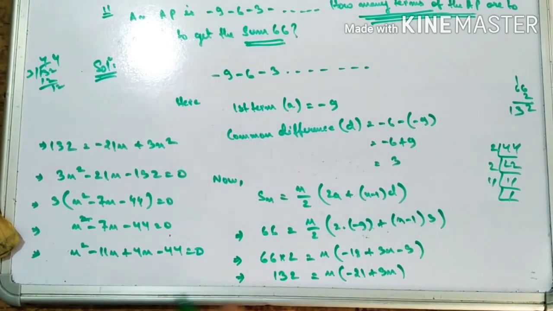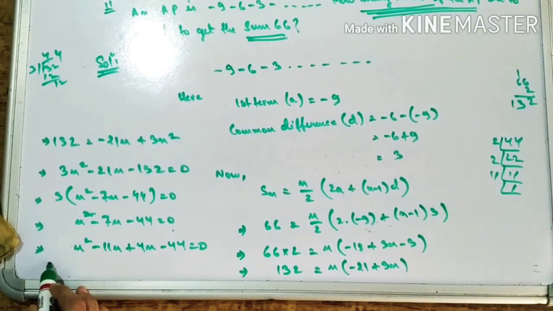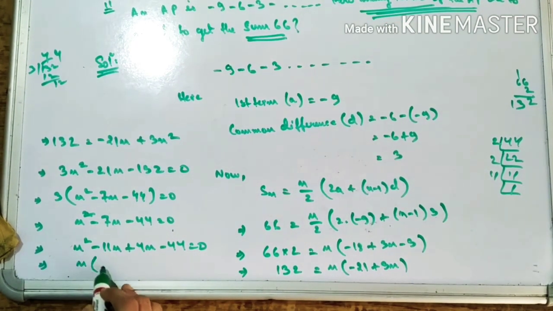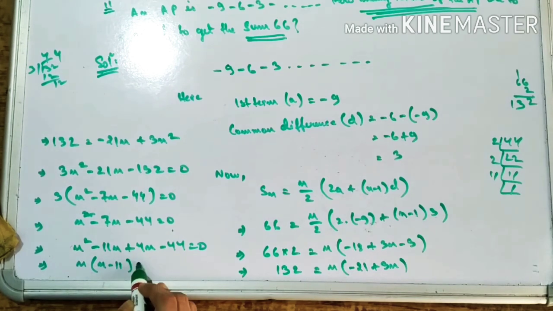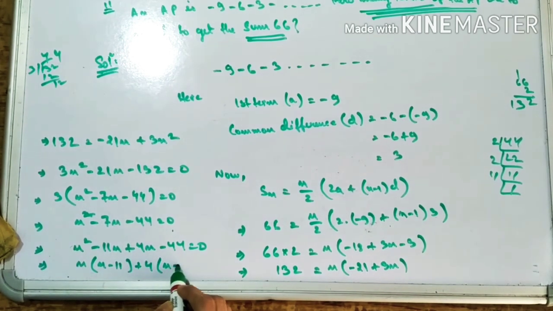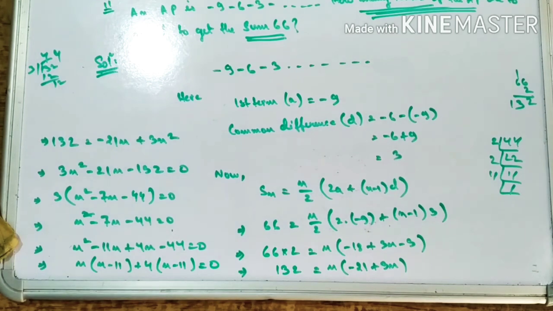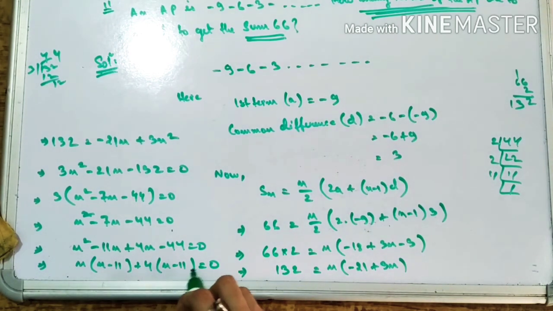If I take n common, then n into n minus 11 plus 4 into n minus 11 is equal to 0.